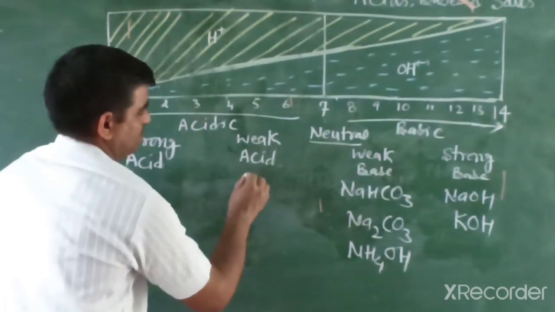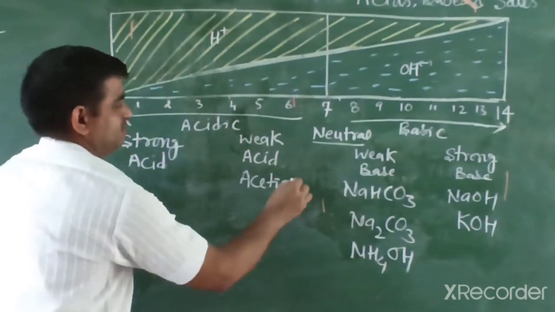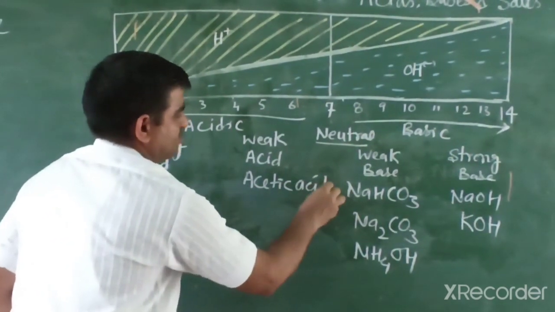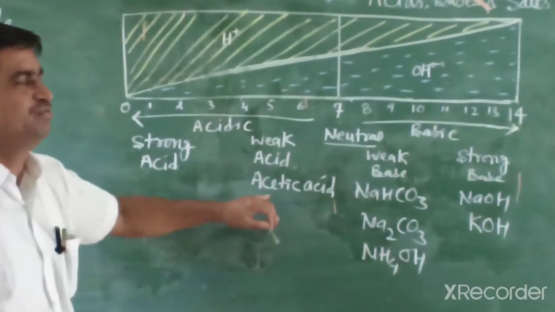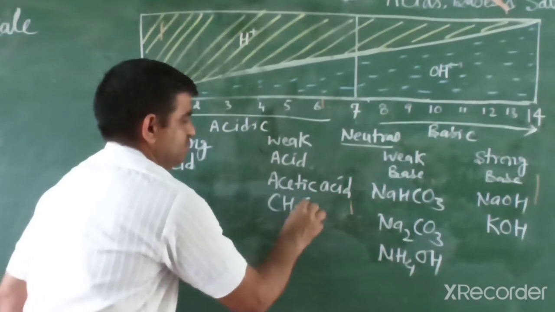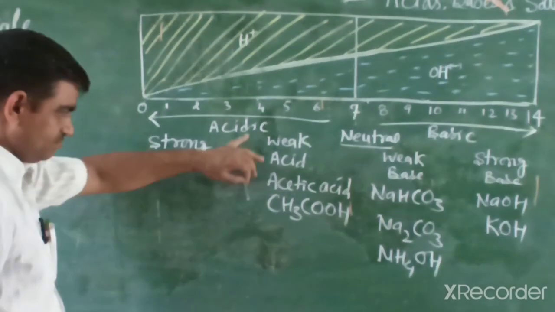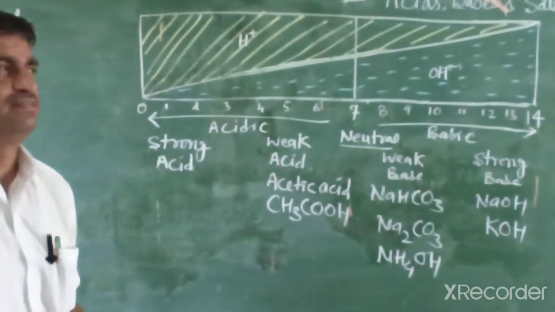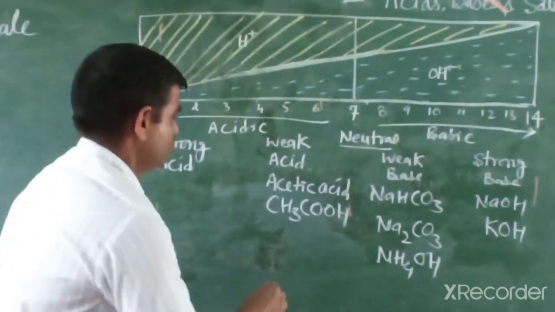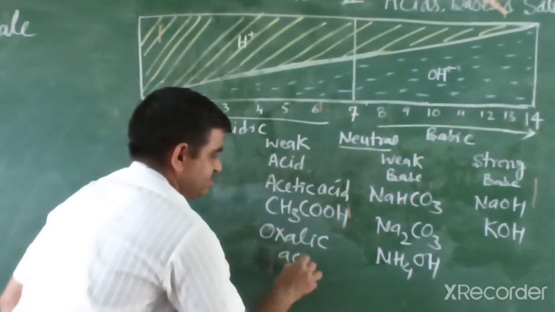So a weak acid example is acetic acid, sometimes known as vinegar, and its formula is CH3COOH. Other weak acids are citric acid, tartaric acid, oxalic acid.